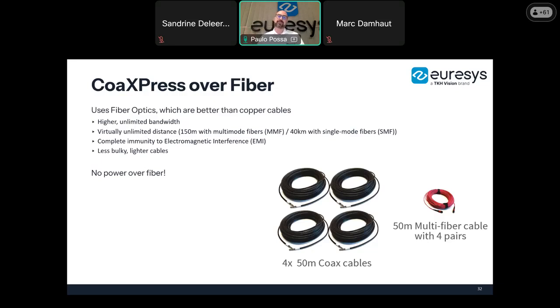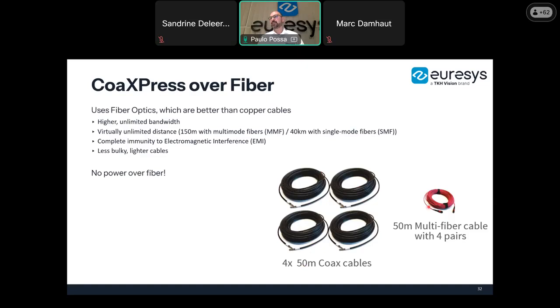This picture shows the clear difference between two sets of equivalent cables with 50 meters. So just to be clear, on the left side, we have 4 coaxial cables with 50 meters each.